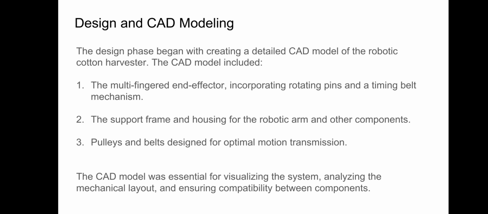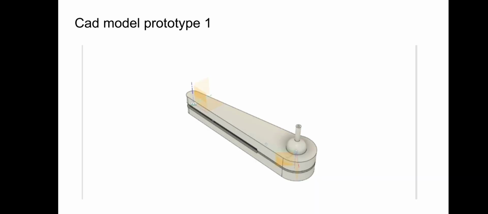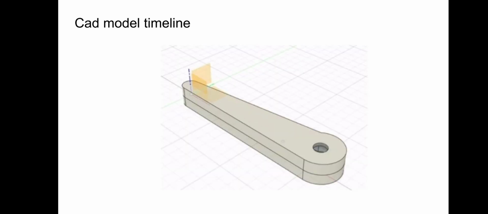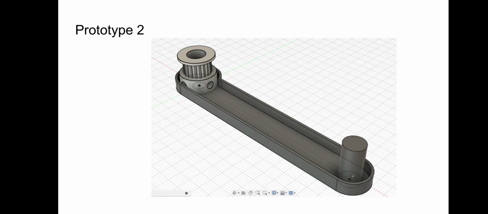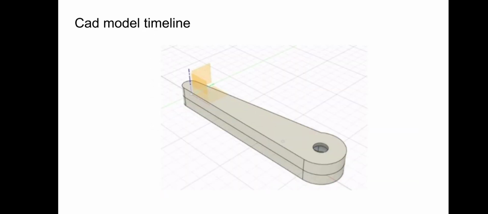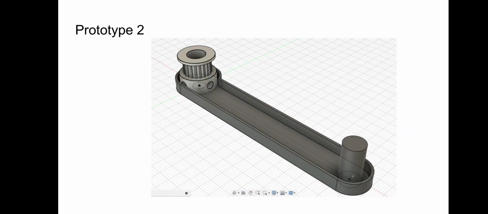The CAD model was essential for visualizing the system and analyzing the mechanical layout, and also to ensure the compatibility between the components. So this is our CAD model. This is prototype 1, which was the previous design we presented in review 2. So this is the CAD model timeline. Here a hole is generated. This is prototype 2.